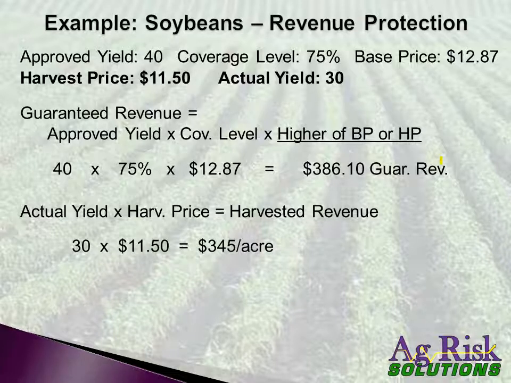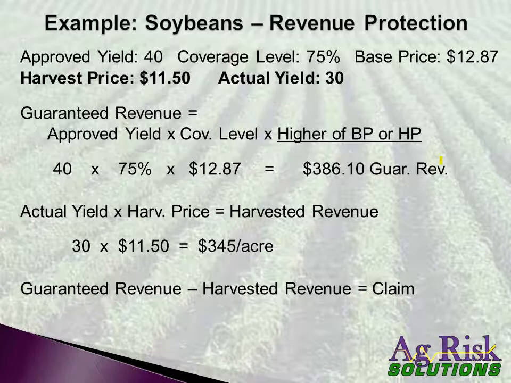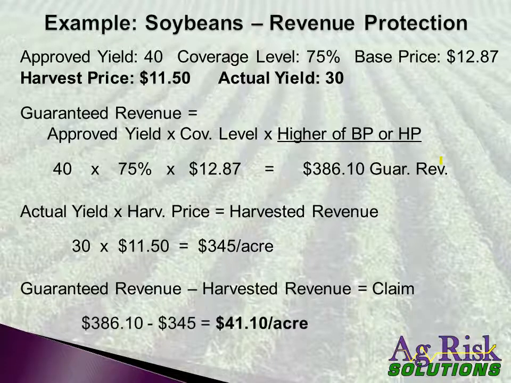So in this case, our 30 bushel average yield times $11.50 harvest price gives us a harvested revenue of $345 per acre. To calculate the claim, we subtract out those two numbers, $386.10 minus $345 harvested revenue gives us a $41.10 claim per acre.